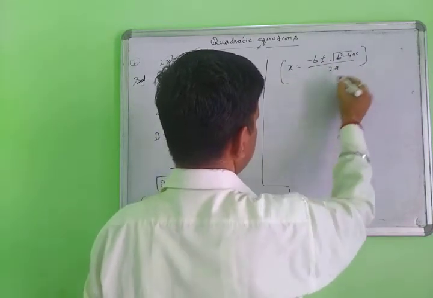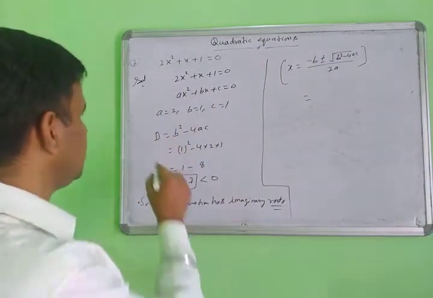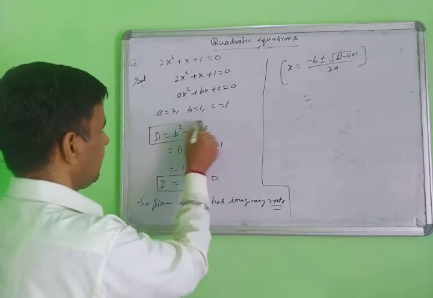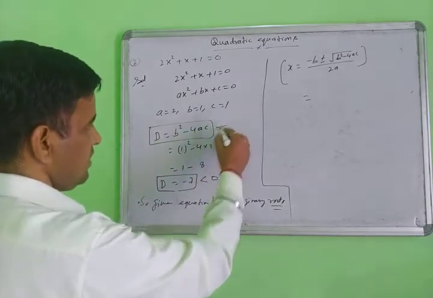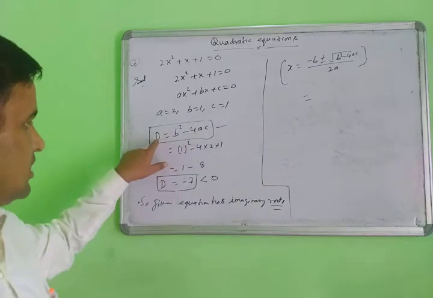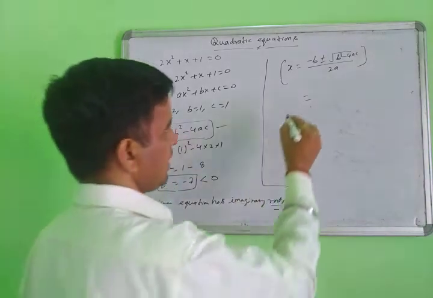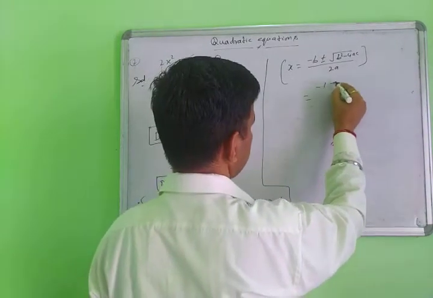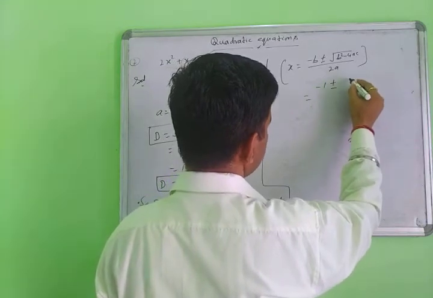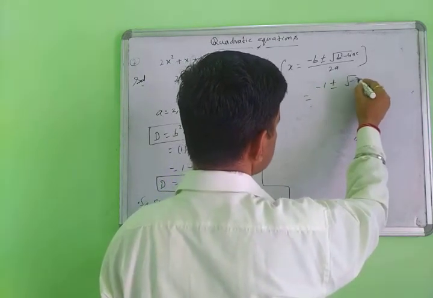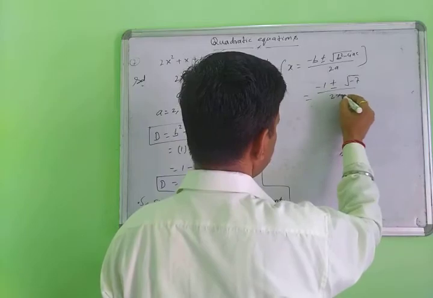Using this identity, b square minus 4ac we already have as minus 7. You can write here minus b, means minus 1 plus minus root minus 7 upon 2 into 1.